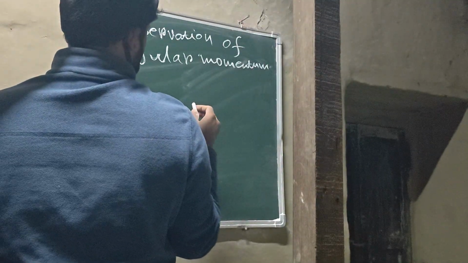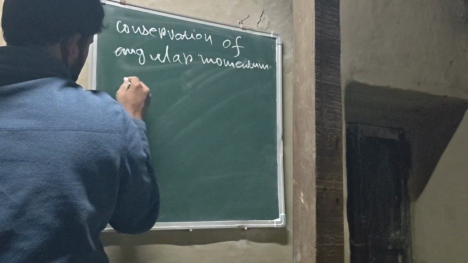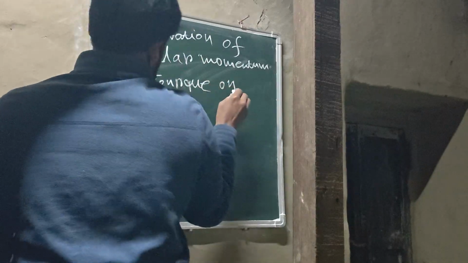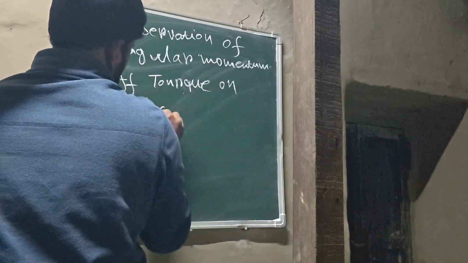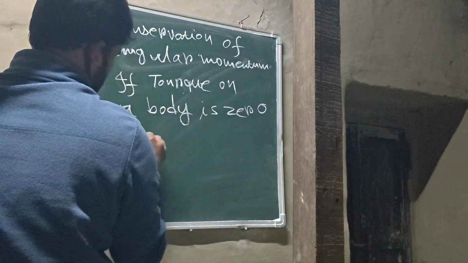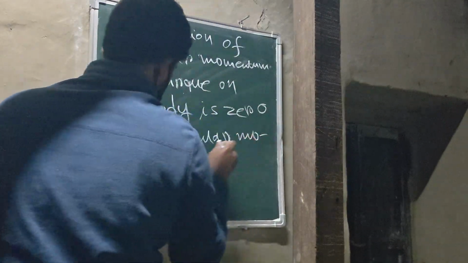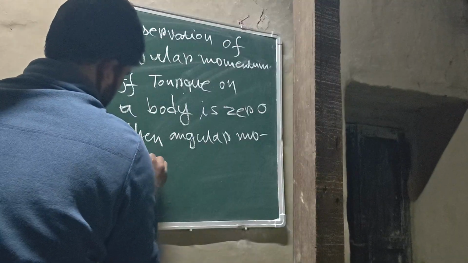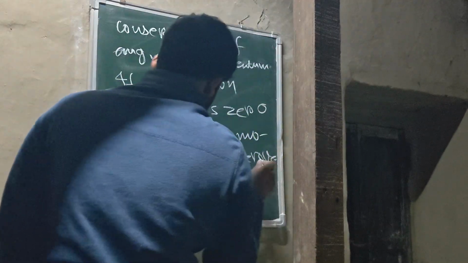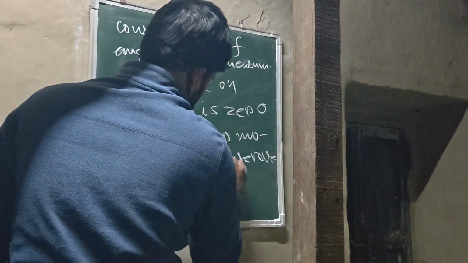Then what does the conservation of angular momentum say? The conservation of angular momentum theorem says that if the torque on a body is 0, then angular momentum is conserved, or constant in time.